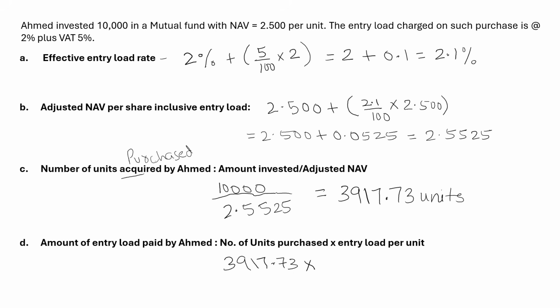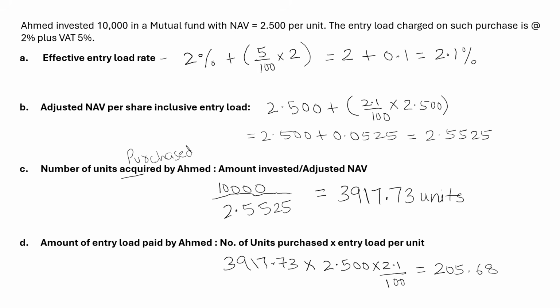What is the entry load per unit? It is the NAV 2.5 multiplied by 2.1%, that means 2.1 divided by 100. When you calculate this, you will get the answer 205.68. Okay, I hope this is clear to everyone.